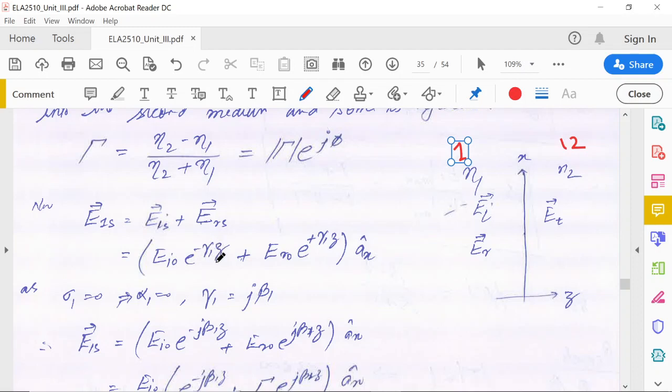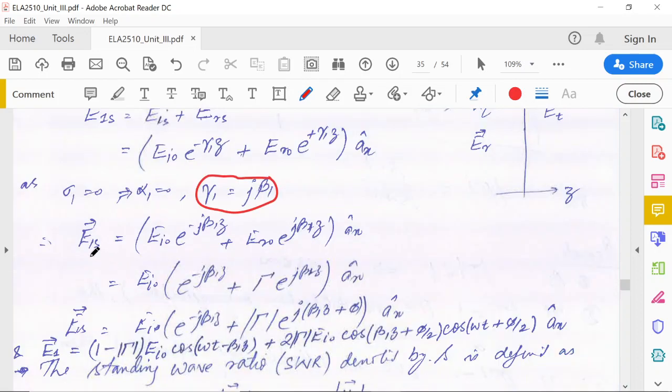Gamma 1 is the propagation constant of medium one, and it will equal only j beta 1 here because alpha 1 is 0. The reflected wave is moving in the negative z direction, and gamma 1 remains the same for both the incident part and the reflected part, so it will be j beta 1.